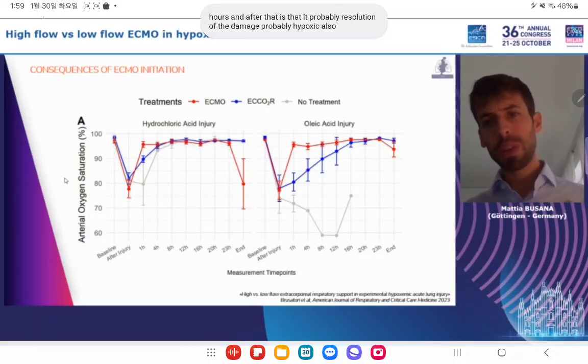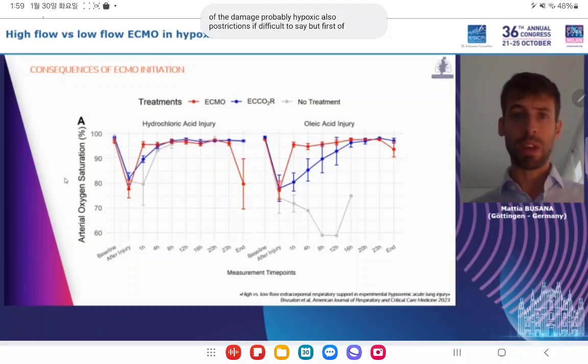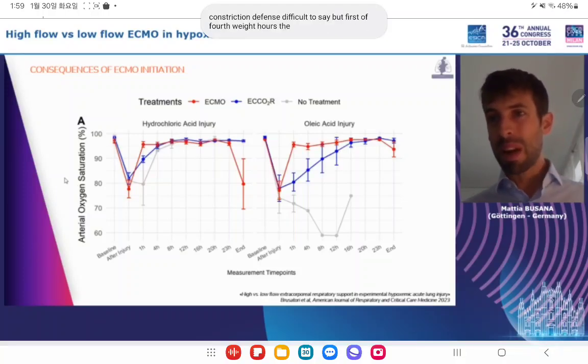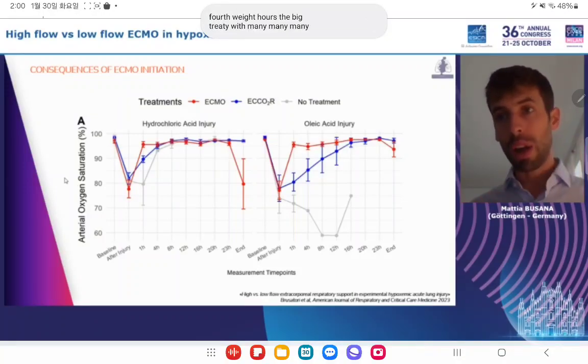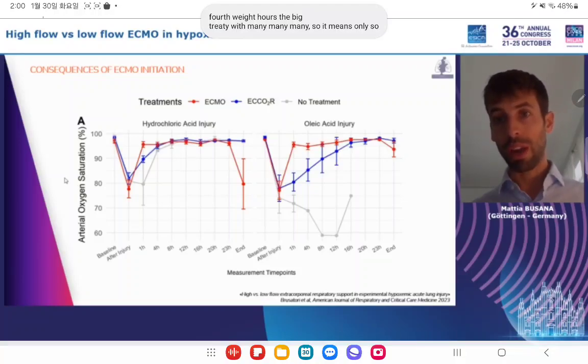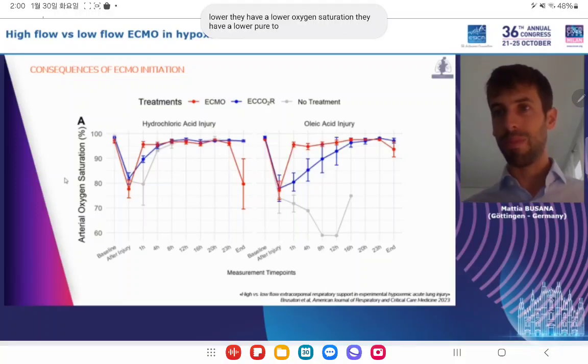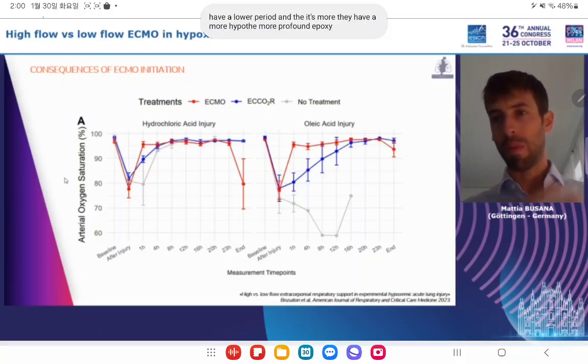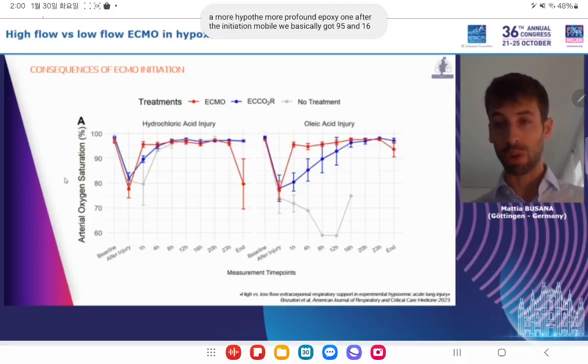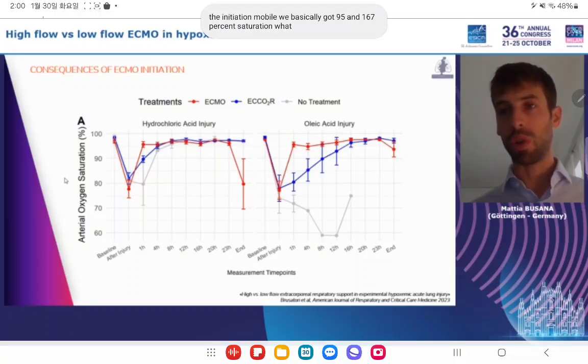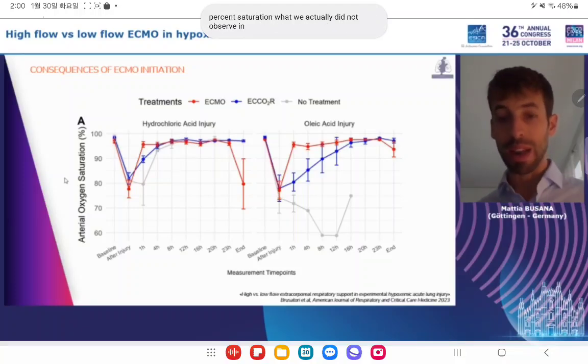Difficult to say, but in the first 4 to 8 hours, the pigs treated with minimally invasive CO2 removal, so only CO2 removal and no oxygenation, have a lower oxygen saturation, a lower PO2, and a more profound hypoxemia. After initiation of ECMO, we basically got 95, 96, 97% saturation, which we did not observe in the CO2 removal group.